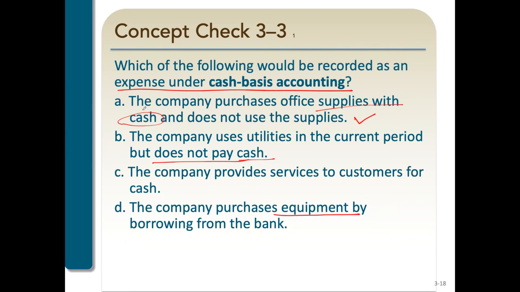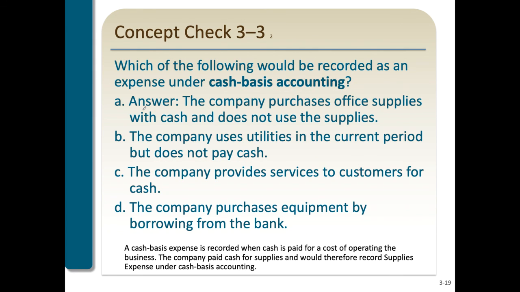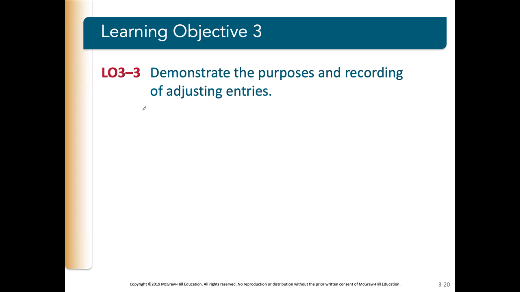It's not an expense. Okay, the answer is A. Okay, so let's use another video to talk about how we record those adjusting entries, since we already established the concept between cash accounting and accrual accounting. Okay, see you in the next video.